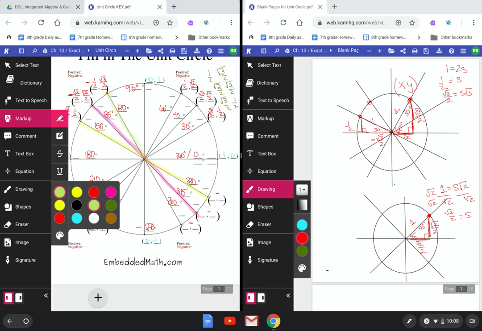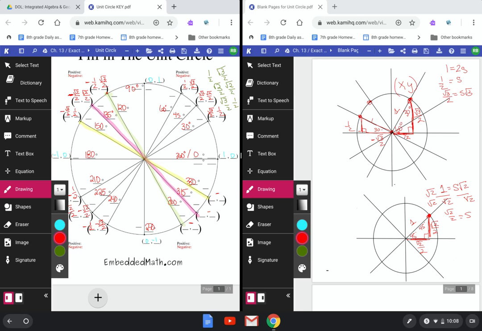So let's fill them in. We have 1/2, comma, negative √3/2, then √2/2, negative √2/2, and then finally √3/2, comma, negative 1/2. Make sure we have the negative sign there.